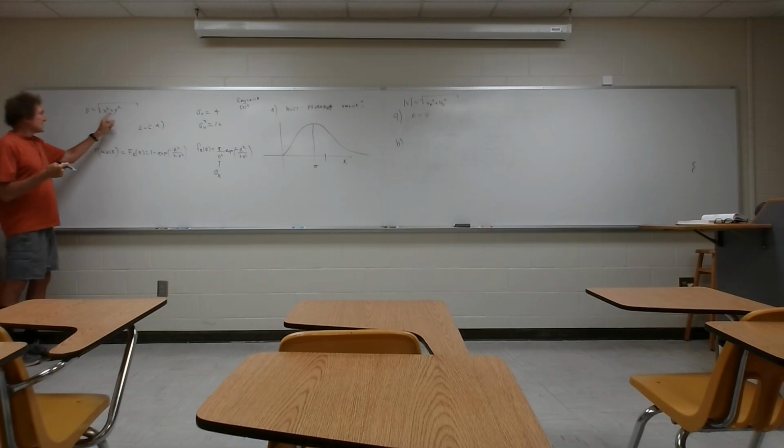Now, both x and y have zero mean, and they are assumed to have the same sigma, same variance or standard deviation. And the effect of that, if you go through the mathematics on this, is that when you get the statistical information here, you in fact get the Rayleigh distribution.